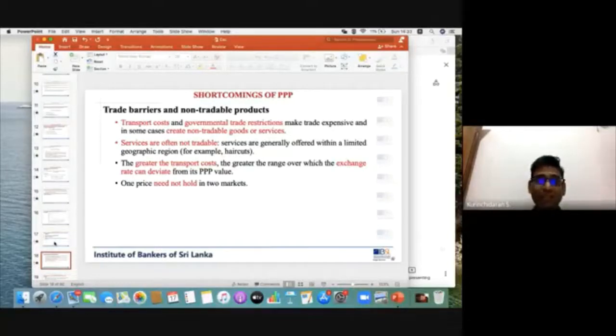Because that is to capture this transport cost. And because of that, one price need not hold in two markets. So purchasing power parity, you can implement with those assumptions. If you break those assumptions, then definitely it's not going to be the same.